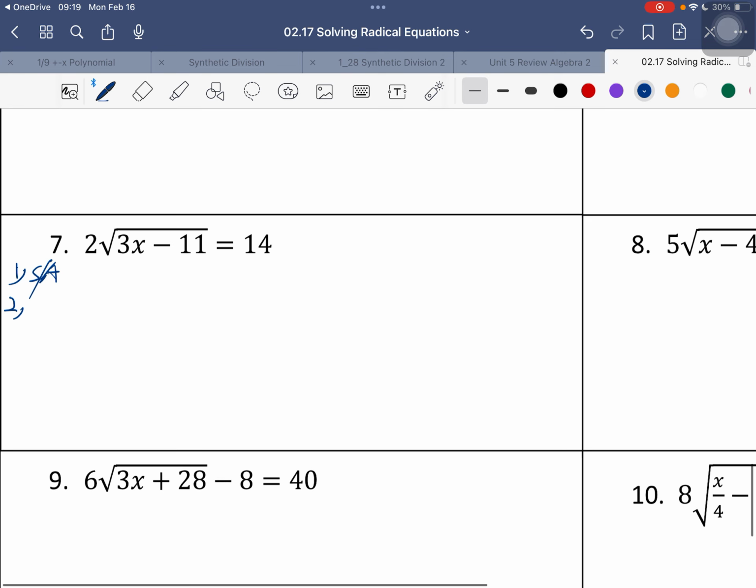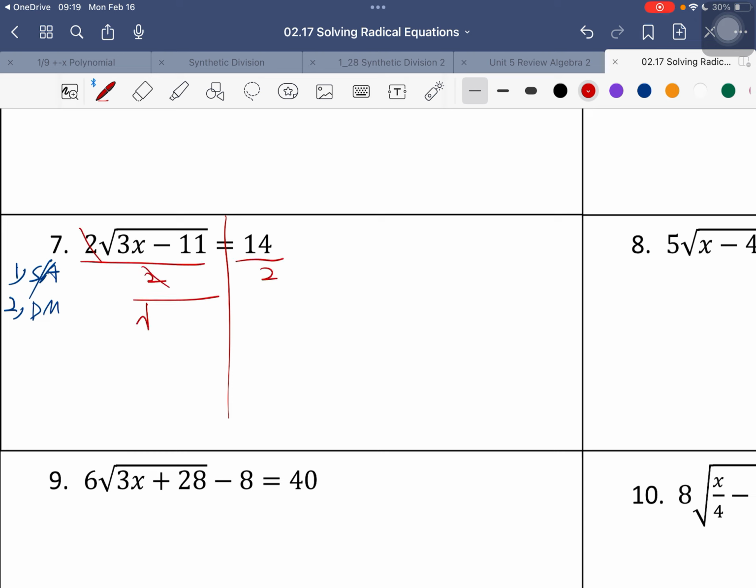Now step 2, division and multiplication. I do have the 2 as the front yard, so I need to divide the 2 on both sides. 2 and 2 cancel out. It leaves me square root of (3x minus 11) equals 7.